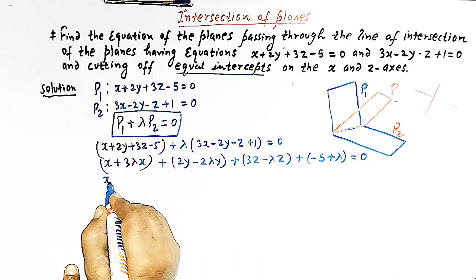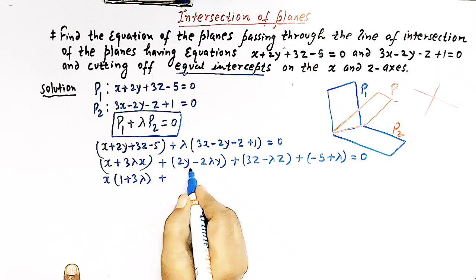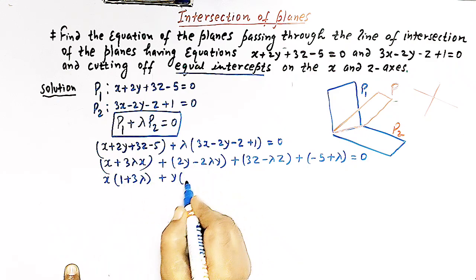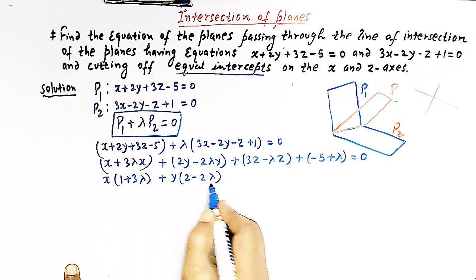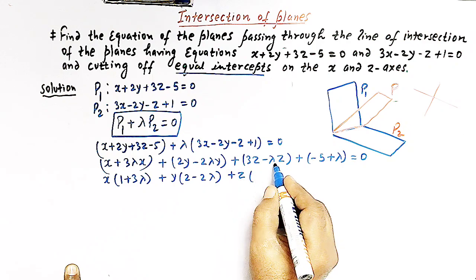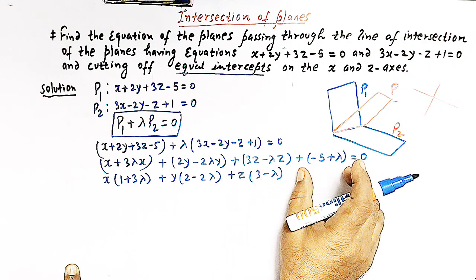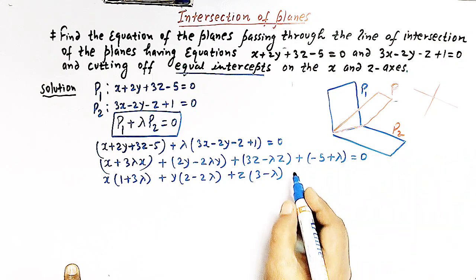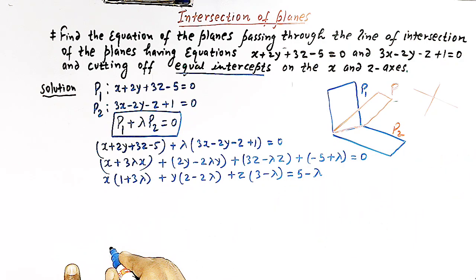So here we can take x common, so we have (1 + 3λ), then y common, so we have (2 - 2λ), then z common, and we have (3 - λ), and let us take this term to this side. So we have here 5 - λ.